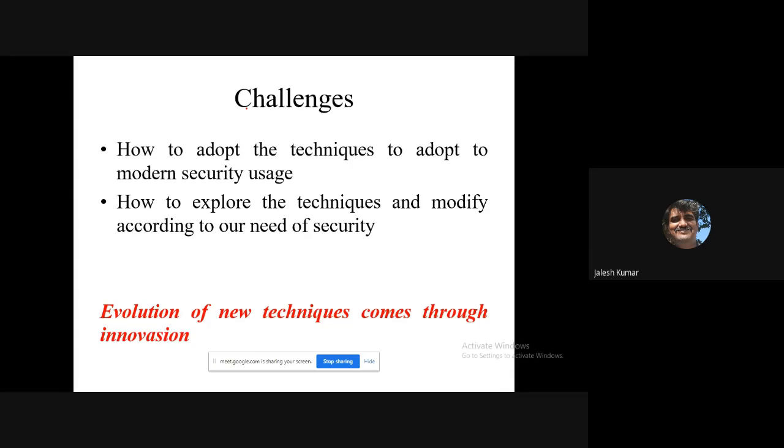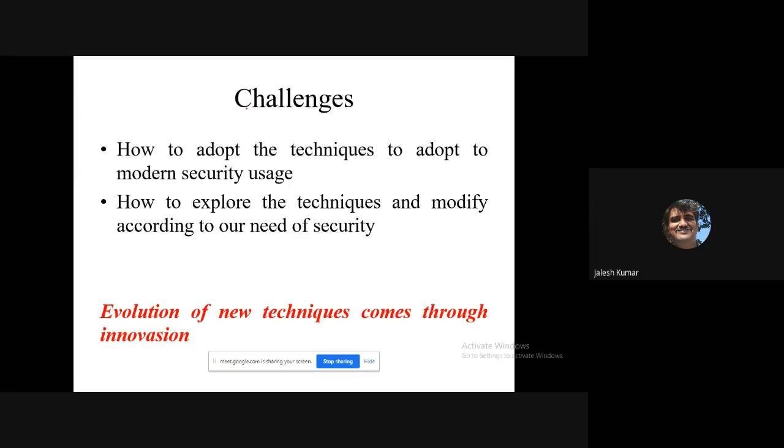Apart from all these, is it possible to explore new ideas, new things, based on these techniques? That's the challenge, because evolution of new techniques comes only through innovation. So, how to innovate? We have to think, and we have to think by considering all aspects of our history, the so-called evolution of the techniques.